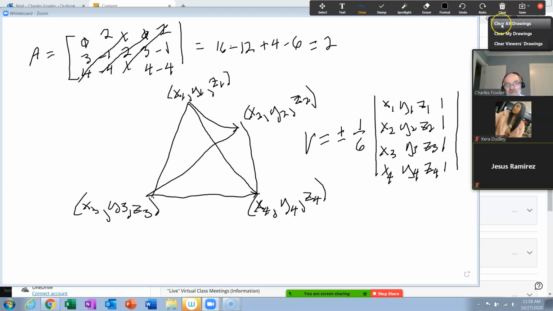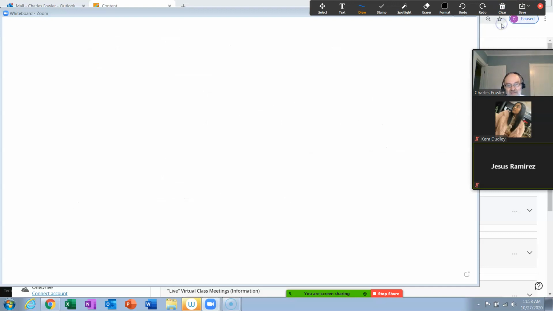So let's clear that drawing from the slide and proceed with triangular matrices. We've hit this before, under a sort of different context. We talked about triangular matrices in section 2.4.